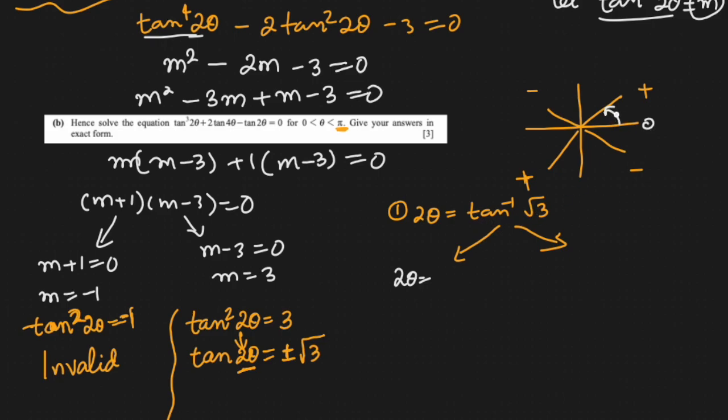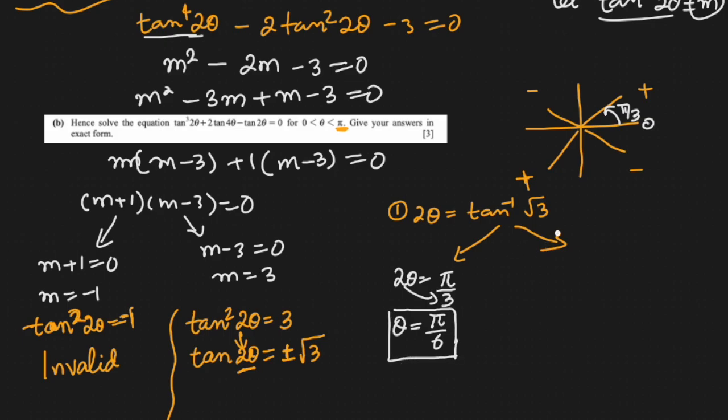In first one, this will be how much? Tan square root 3 will be pi by 3. Okay, it will be pi by 3. So the first answer should be theta equal to pi by 6, because this 2 will go and cross multiply by 3, pi by 6. This is our first answer.